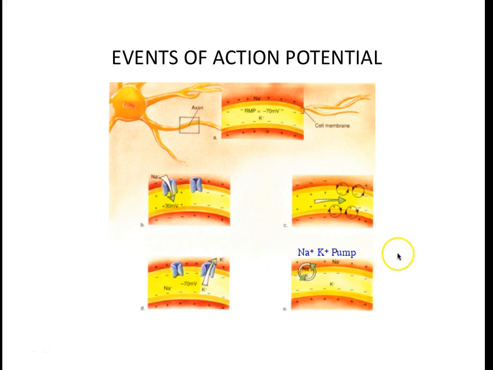And that's your sodium-potassium pump right here. It's also called an ATP pump because it needs energy in the form of ATP in order to work. What the pump does is pump the sodium back out and the potassium back in, and you're back to rest.